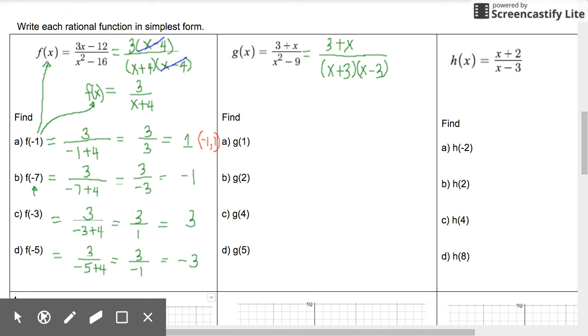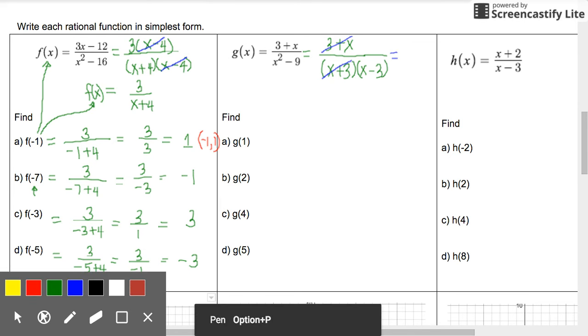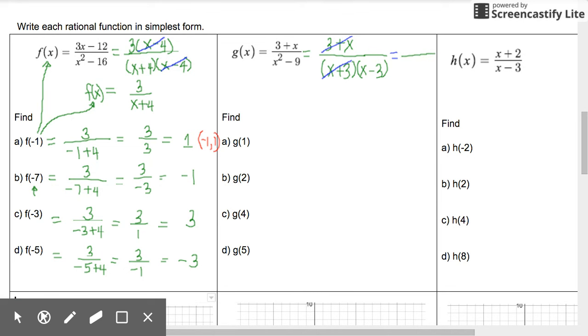They have the same value, so 3 plus x divided by x plus 3 gives us 1. Therefore, the simplest form is, well, x minus 3 is at the bottom, so it stays at the bottom, and we have to put a 1 on the top. So therefore, g of x is equal to 1 over x minus 3.